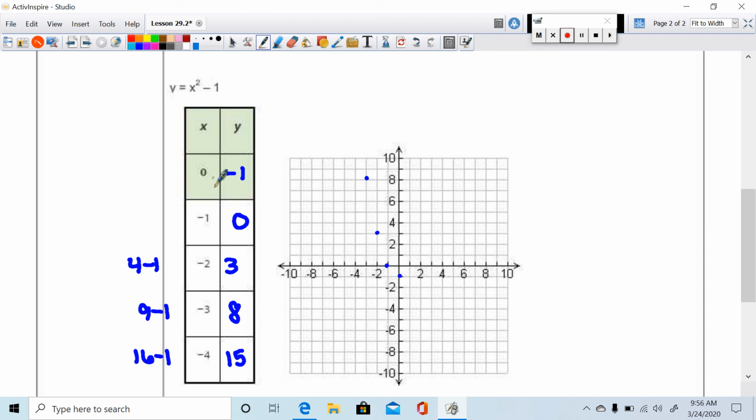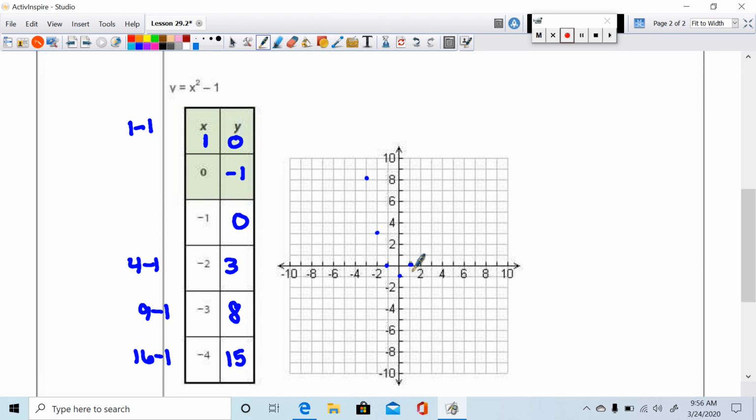So on the x's, we were subtracting 1 each time, so let's add 1. 0 plus 1 is 1. Now when you put that into the graph, 1 squared is 1, take away 1 is 0. So 1, 0, now you can see that you have your symmetry.